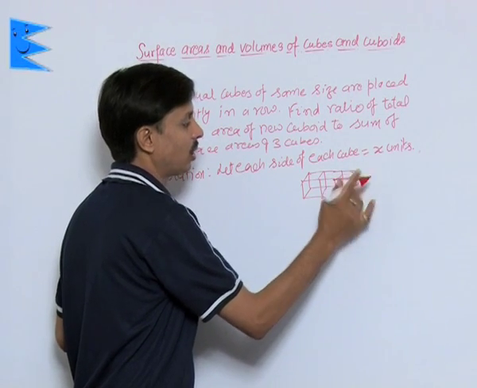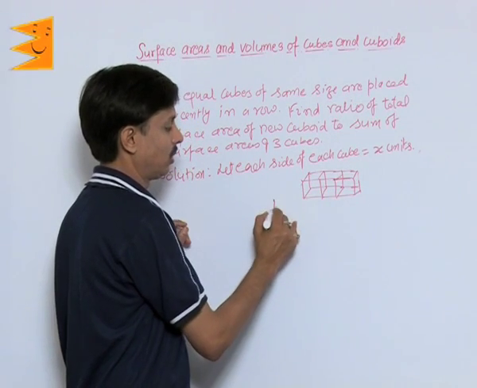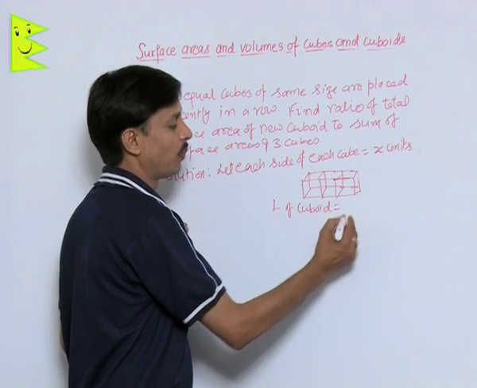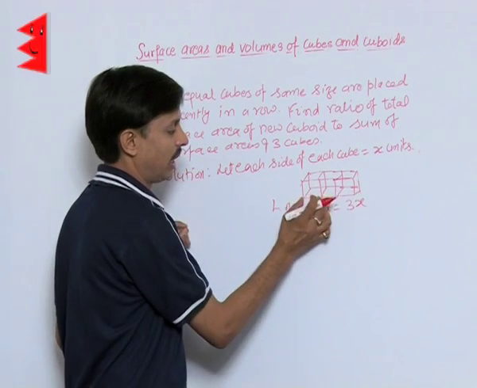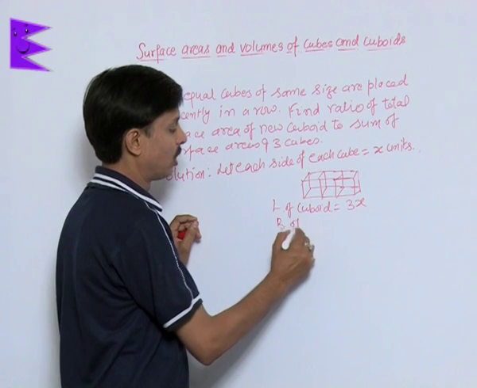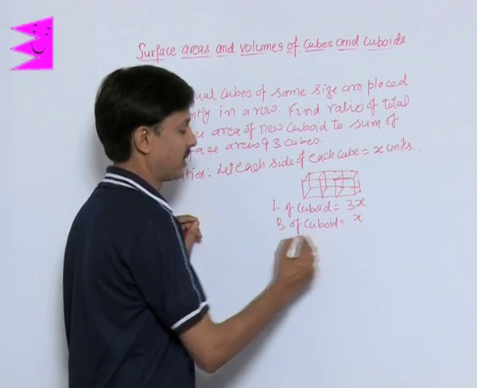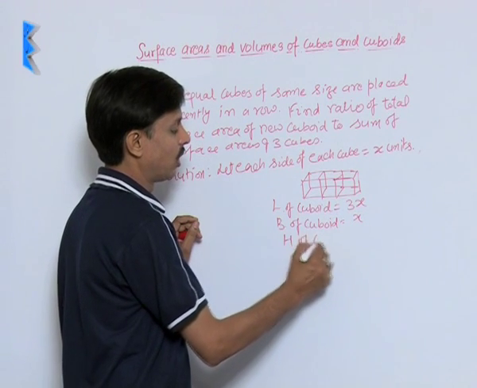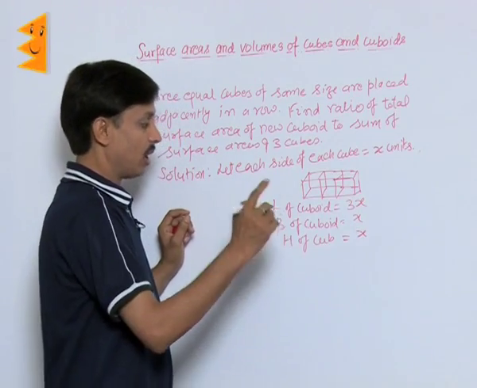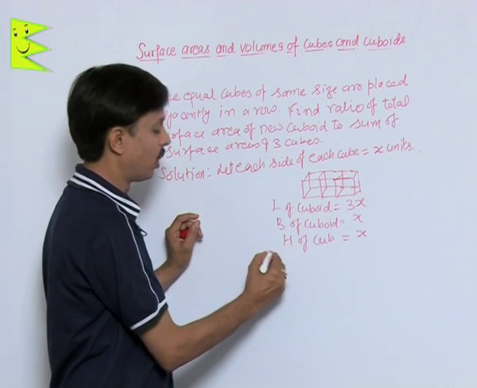The length of the cuboid so formed will be 3x, x plus x plus x. Then the breadth of the cuboid will not change, that will be x, and the height of the cuboid will also not change, will remain x units.